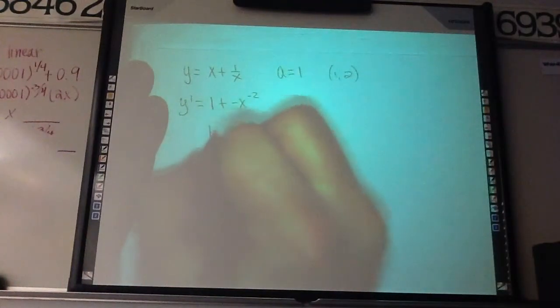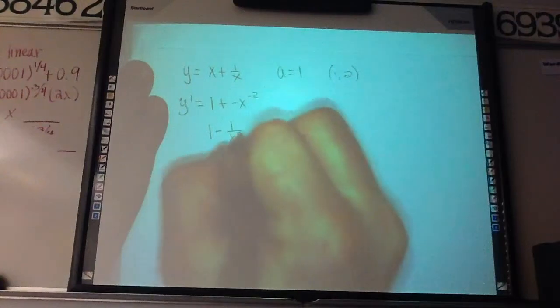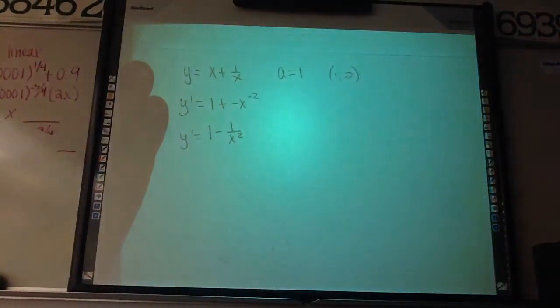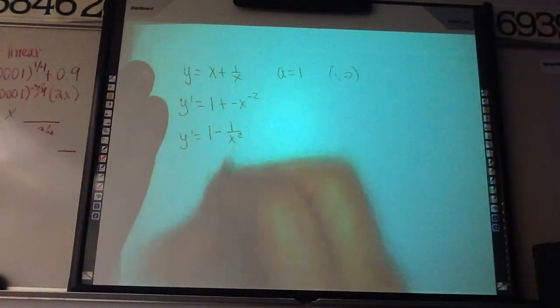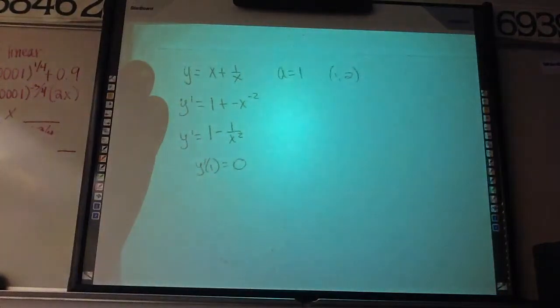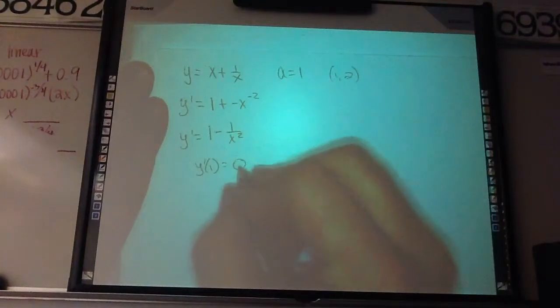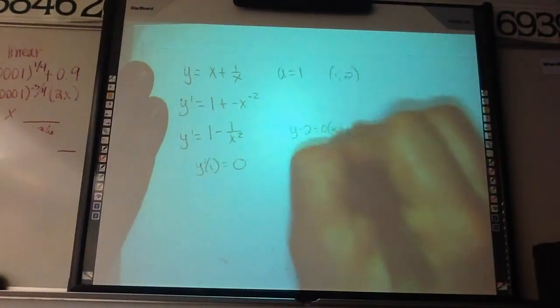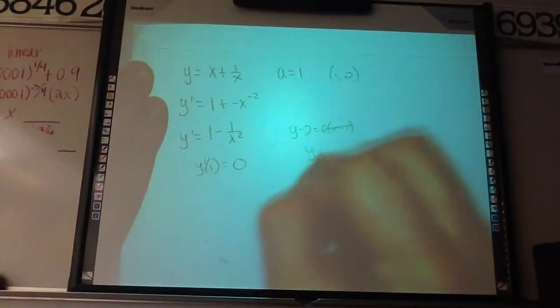So it's 1 minus 1 over x squared. There's your derivative. So then you get your slope, plug in 1, so y prime of 1 is 0. Right? So your slope is 0, so your tangent line then, y minus 2 equals 0 times x minus 1, well, that's just 0, so y equals 2. Okay.